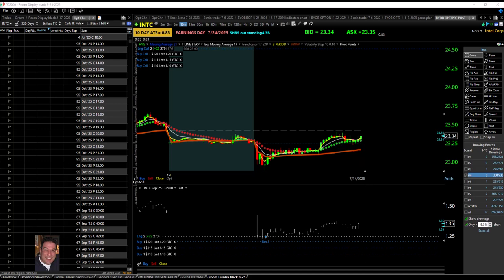Somebody asked a question: how long do I normally hold? For 0 DTEs, it depends upon the price. Today was a trend day on SPY.